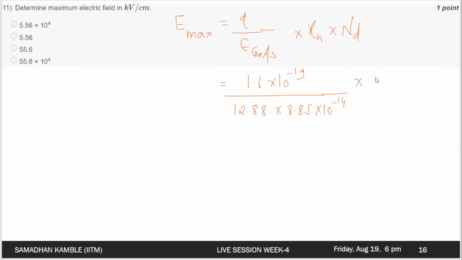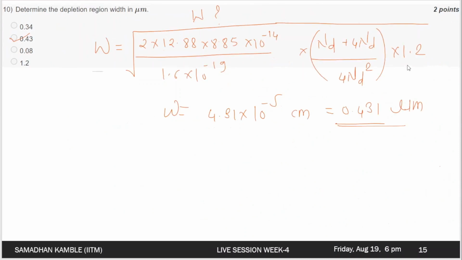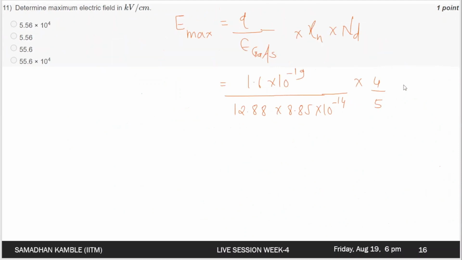Xn is 4/5 of the total width, that is 4.31 times 10 to the power minus 5, times Nd, that is 1.15 times 10 to the power 16. So here we used that Xn is 4/5 W.